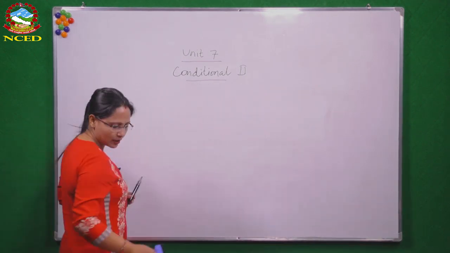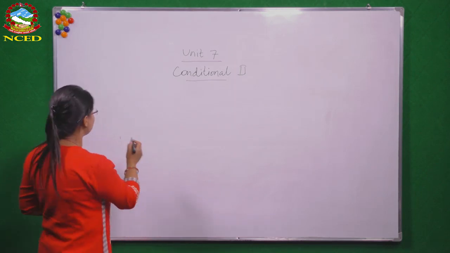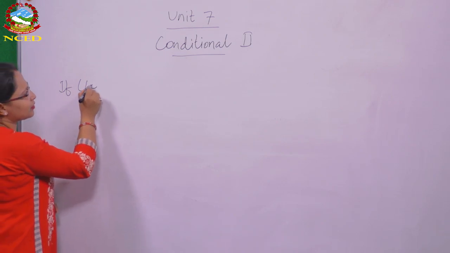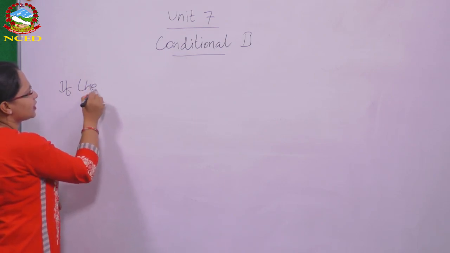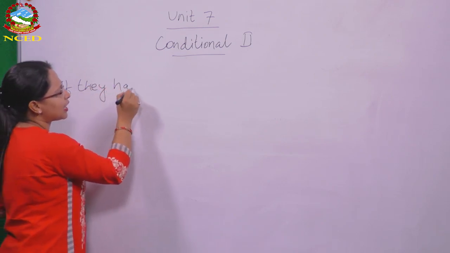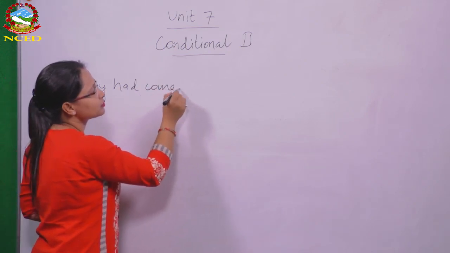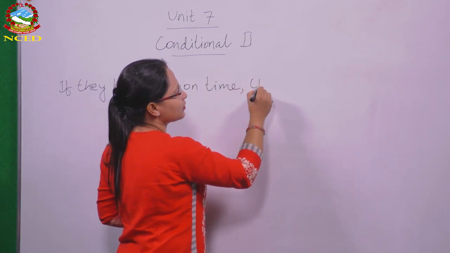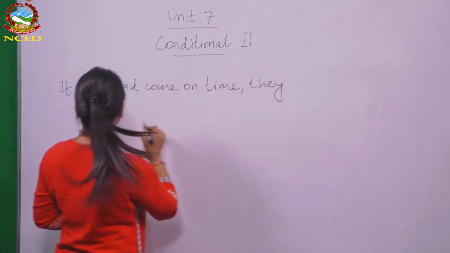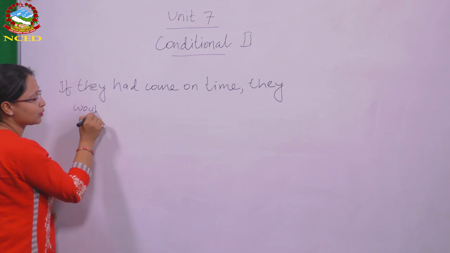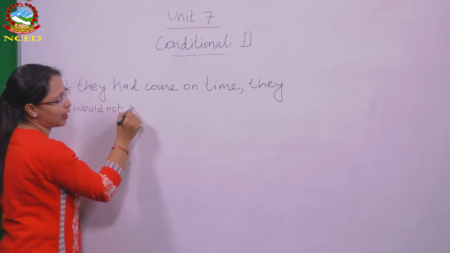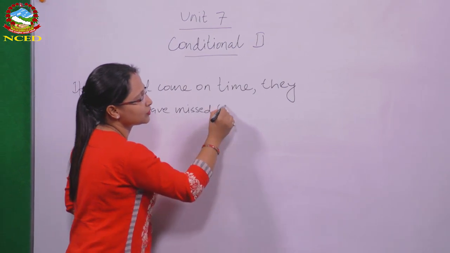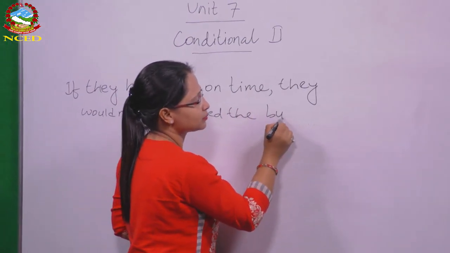Now, let's have another example for conditional type 3. If they had come on time, they would not have missed the bus.